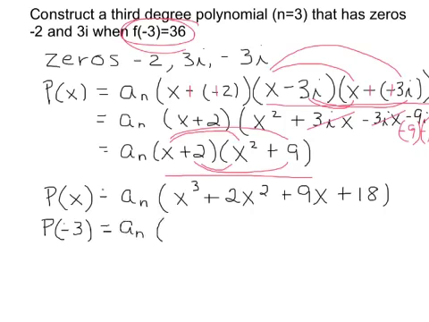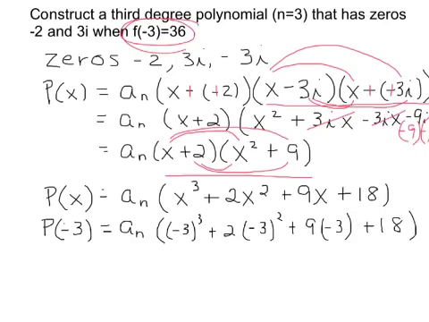And what we're going to do is replace each x with the value of -3. And because it's negative, we have to be very careful with this. So we have a -3 cubed plus 2 times -3 squared plus 9 times -3 plus 18.